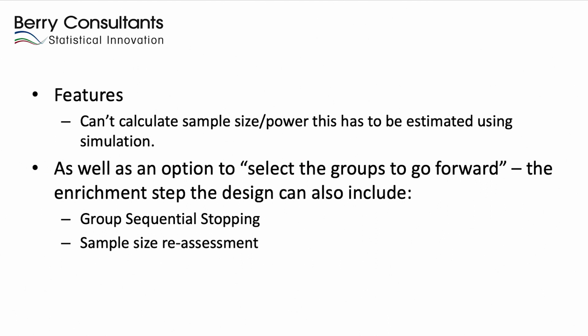When we go into this mode in ADDPLAN, it doesn't have a design feature, which is what is presented for you when you want to do a sample size power calculation. You could simply go straight to the simulation mode. As well as an option to select which groups go forward, the enrichment step, the design can also include group sequential stopping and sample size reassessment, as we'll see as this example progresses.